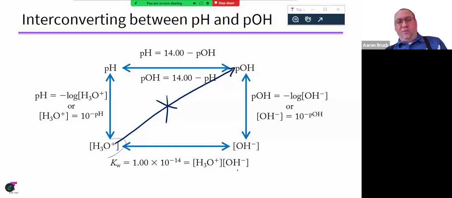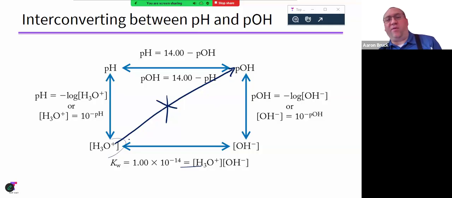But there are two pathways that I can go to get from hydronium to pOH. I could turn the hydronium into pH and then the pH into pOH. Or I could turn the hydronium into hydroxide and then the hydroxide into pOH. So to go across the diamond, I've got to go through two calculations.